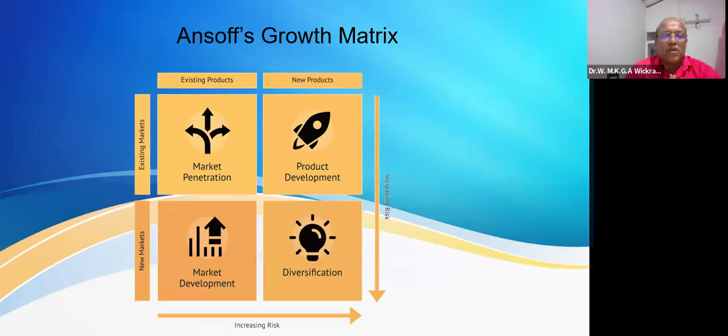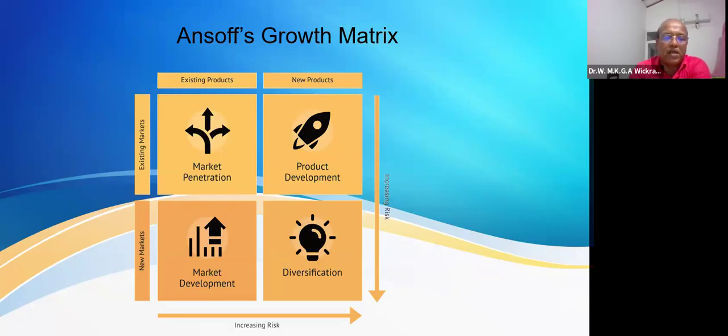So it means diversification is the most risky business. The right side of the second quadrant is product development. You see the top, new products into the existing market. So you will deliver the new products to the existing market.